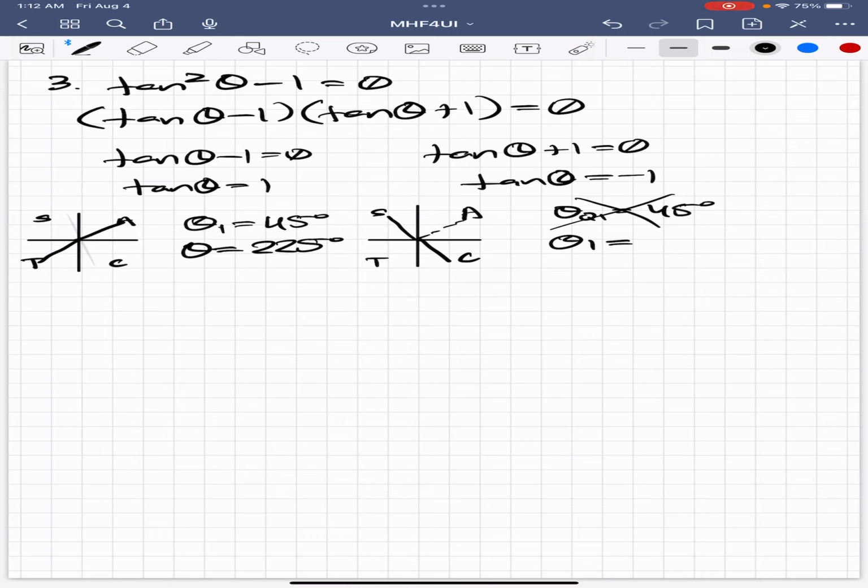And because the 1 is negative, we're going to be using the cos quadrant and the sine quadrant using our CAST rule. So quadrant 2 and quadrant 4. And then we have all of our possible angles.